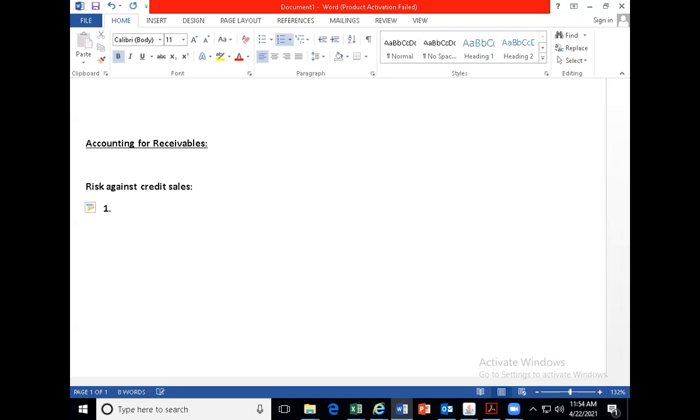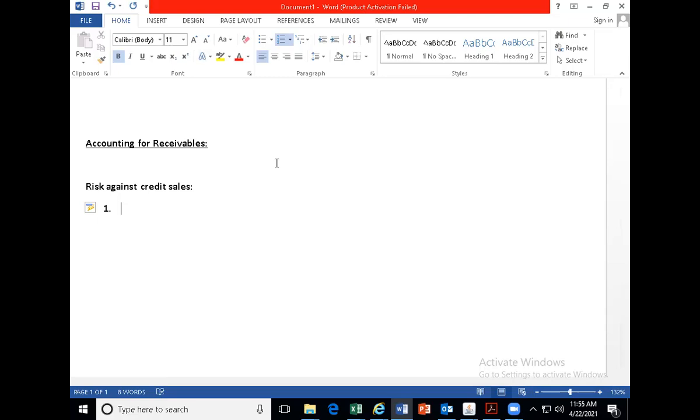Okay. The first risk involves genuine reasons, like the customer died and did not leave any money behind, so we cannot collect. Or the customer genuinely went into a financial crisis and could not pay.